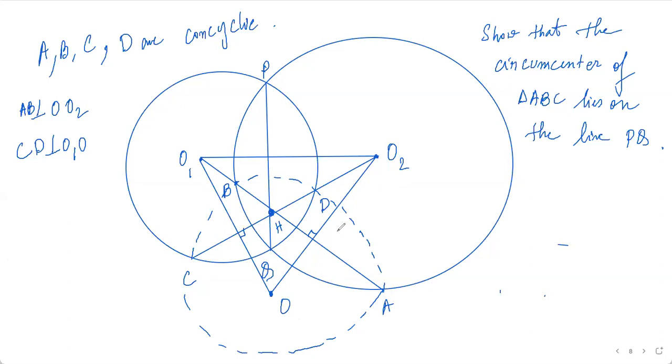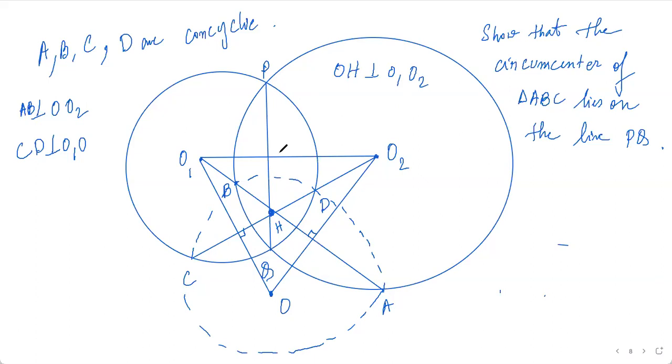So now can you bring out something from there? Can we somehow show that if I join the point O with the point H, then that will be perpendicular to O1O2?